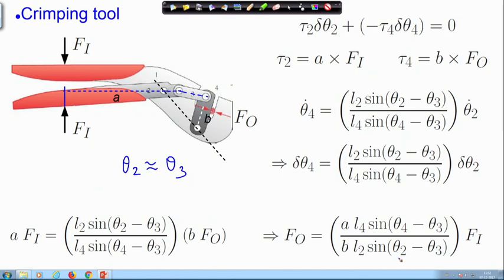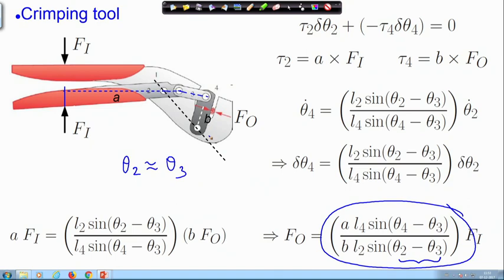In that case, this denominator goes to 0, because theta 2 is almost equal to theta 3. So, sine of theta 2 minus theta 3 must be very close to 0. If that goes to 0 or is very close to 0, this multiplier is very high, in the limit it goes to infinity, provided that theta 4 is not equal to theta 3, which it is not.